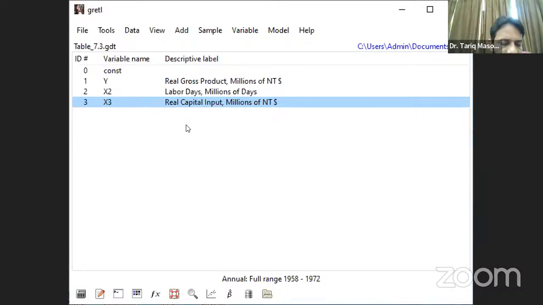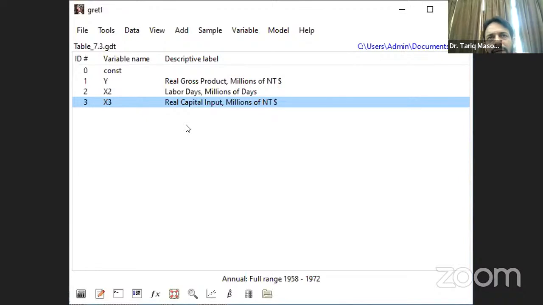Okay. Now the first thing that I said is that in the first stage, once you have clarified your objective, your hypothesis, you have to decide about the mathematical formulation of your model. Now with the theory, we know that this model is a non-linear model in the mathematical sense. Okay. The simplest production formulation is of Cobb-Douglas.